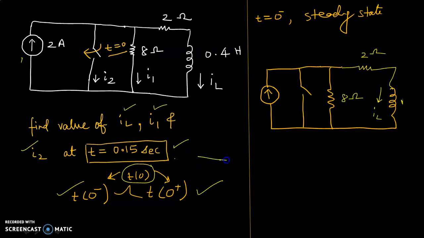This portion will be 0 minus, and this portion will be 0 plus. Just for your understanding, this is t0, this is t0 minus, this is t0 plus.